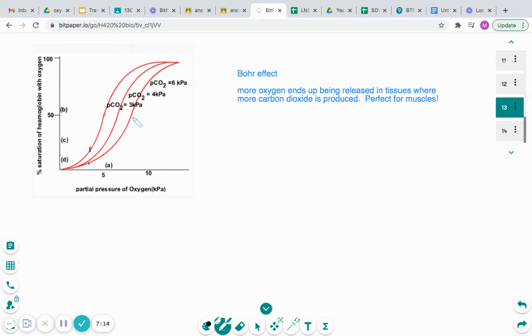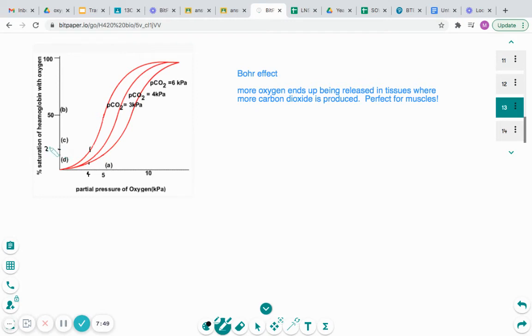And what effect is that having? Well, I've marked this line here and this bottom line here. So the same hemoglobin molecule, if it is put into a partial pressure of oxygen at, let's just say, 4 kilopascal. Originally, if that hemoglobin molecule was placed in a partial pressure of 4 of oxygen, the saturation was something like 20%, should we say.